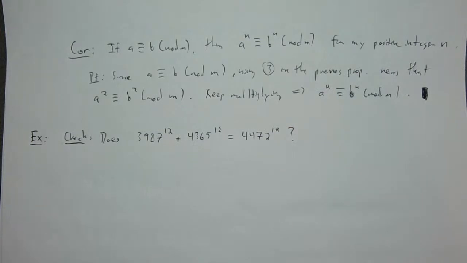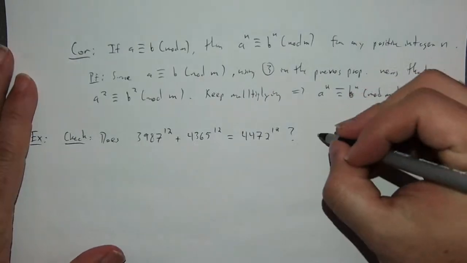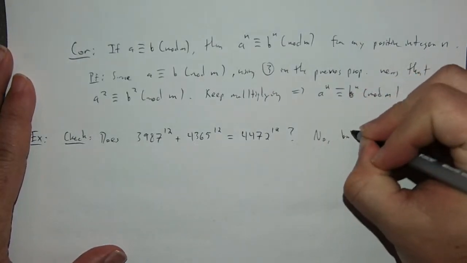Okay. Now, you may have already noticed, well, if it did, then Fermat's last theorem would be false, and said previously that Fermat's last theorem was proven in the 90s, so the answer is no. But to actually check this is hard. So no, but checking can be difficult.